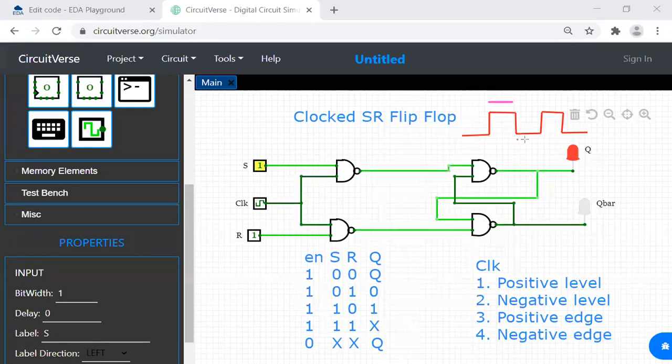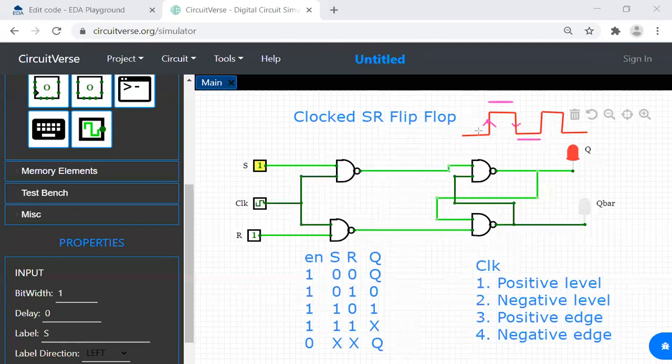This will be the negative level. Whatever you see over here is known as the positive edge, generally with an arrow mark. Whatever you see over here is the negative edge.